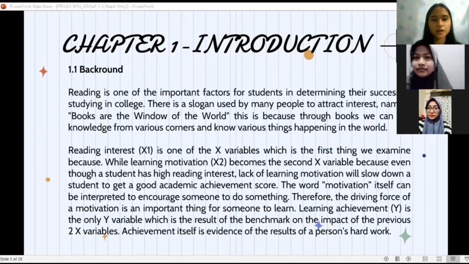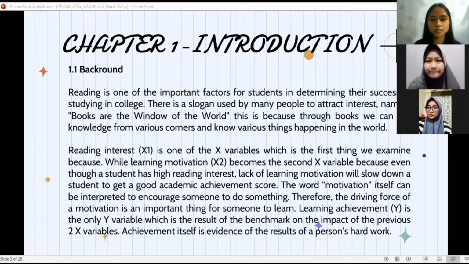Reading interest, or X1, is one of the X variables, which is the first thing we examine because while learning motivation X2 becomes the second X variable because even though a student has high reading interest, a lack of learning motivation will slow down a student to get a good academic achievement score.